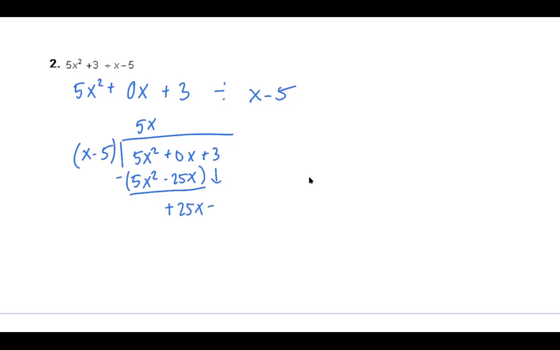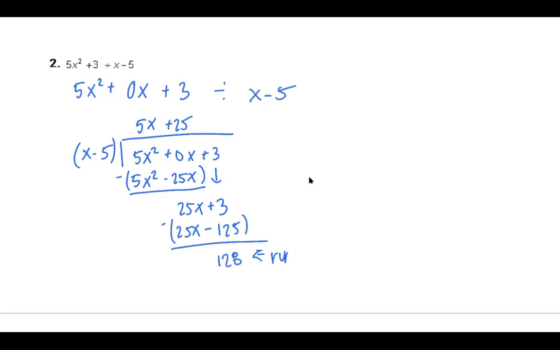Then I have to bring down my 3. Then x fits into 25x 25 times. When I multiply out, I have 25x minus 125, and then I subtract the entire quantity. So I end up with a remainder of 128.